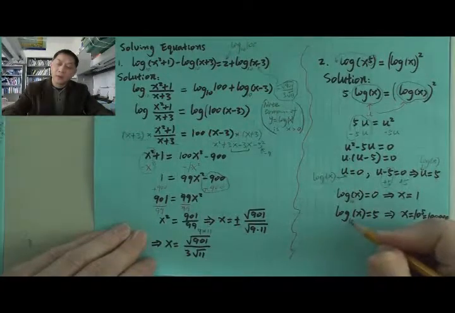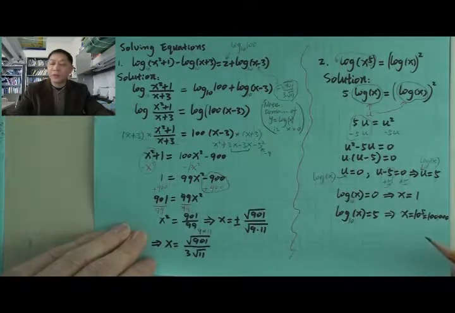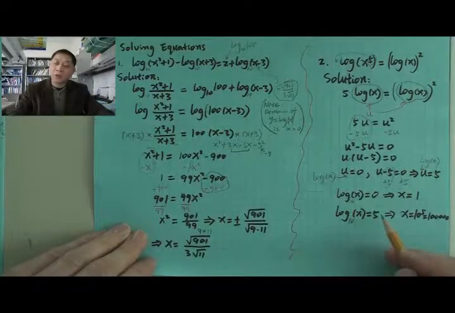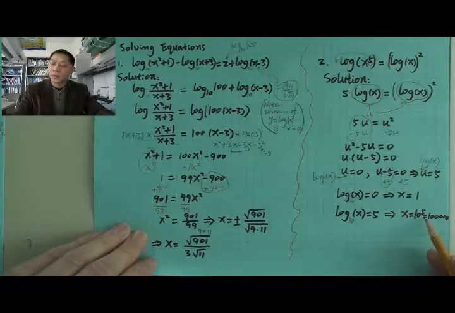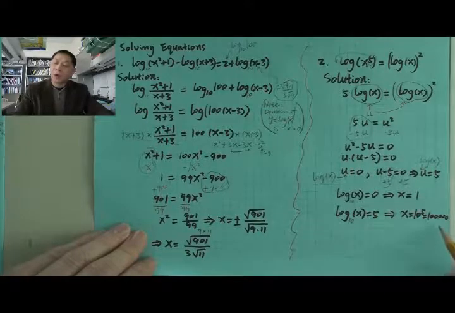If it equals 5, then log something is always an exponent of this base 10. So 10 to the 5th equals x. 10 to the 5th is basically, if the exponent is 5, you have 5 zeros. So x is either 1 or 100,000. That's the solution.